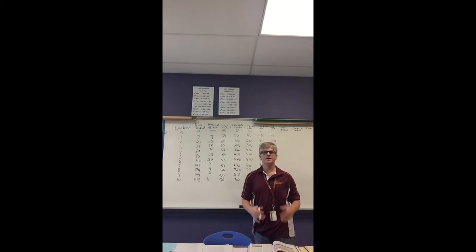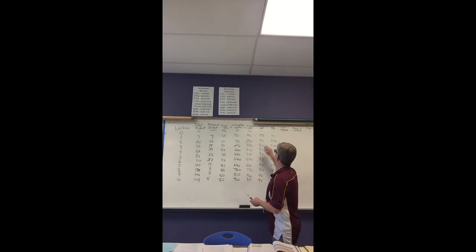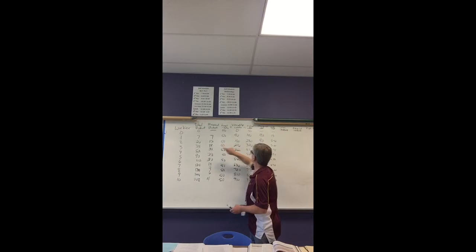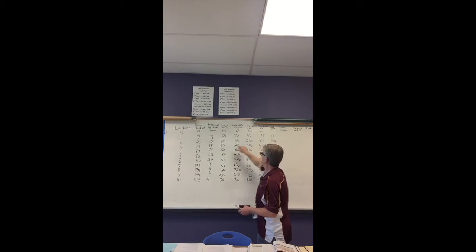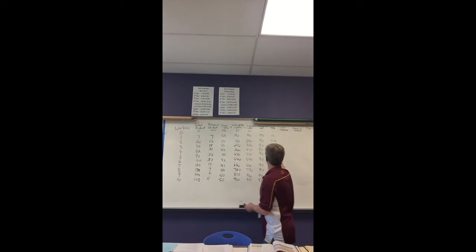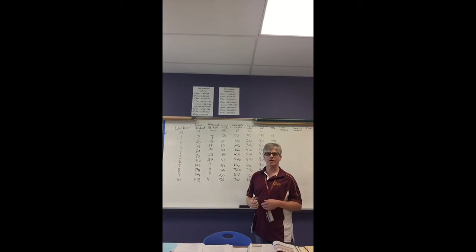So I just did the marginal cost over marginal product. Like I said, 90 over 7, 90 over 13, 6.92, 90 divided by 18, 5, 90 divided by 24, 3.75, and did that all the way down.